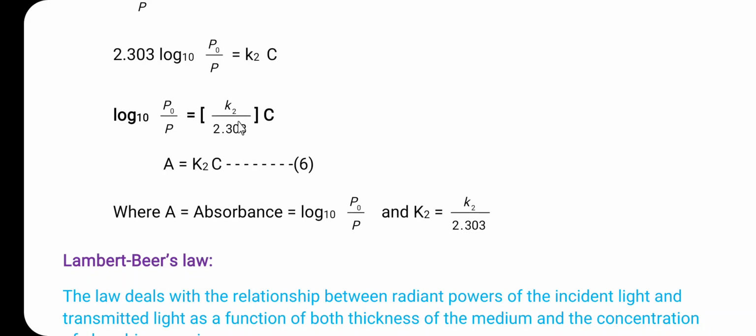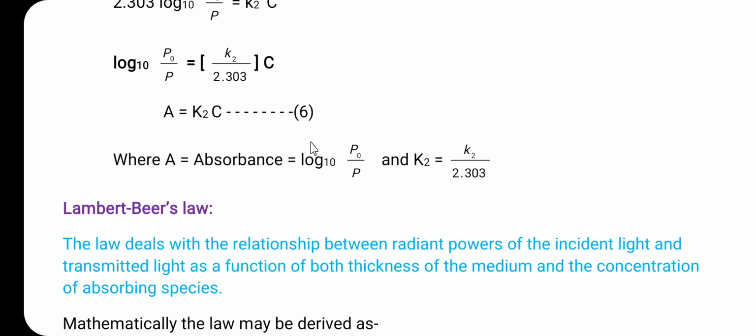Their ratio is another constant, which we write as K2 into C. This is the second law, that is why we use the 2. So, A is equal to K2 into C. This is equation number 6. A is the absorbance, and K2 is equal to small k2 divided by 2.303. Friends, this is about Beer's law.